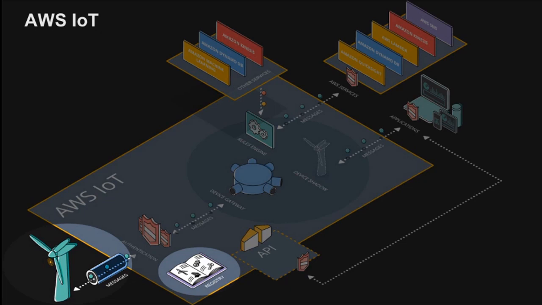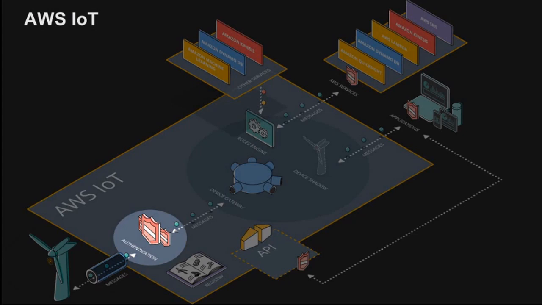And we have the AWS registry. Think about this as a device fleet that allows you to connect multiple devices, and then from the registry, be able to monitor them, look at things like attributes on devices, and help you keep track of your devices inside of AWS IoT.